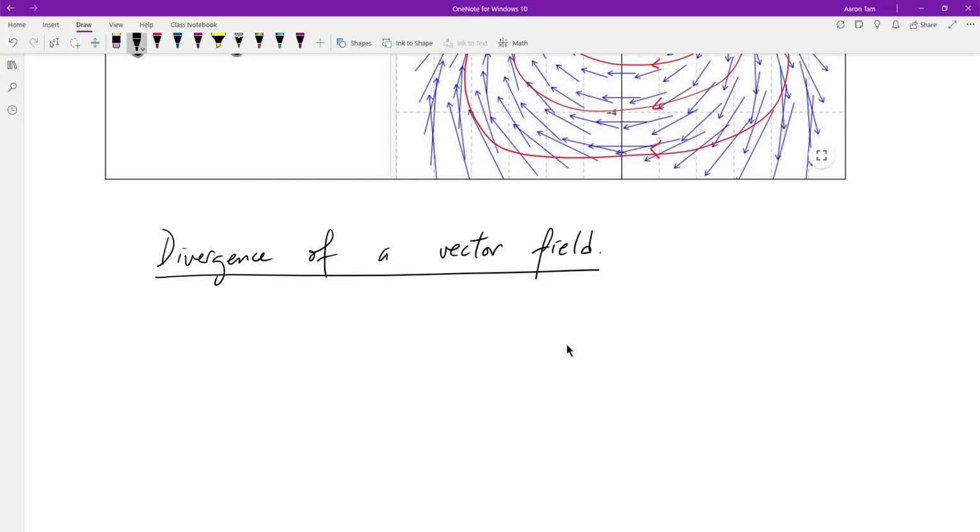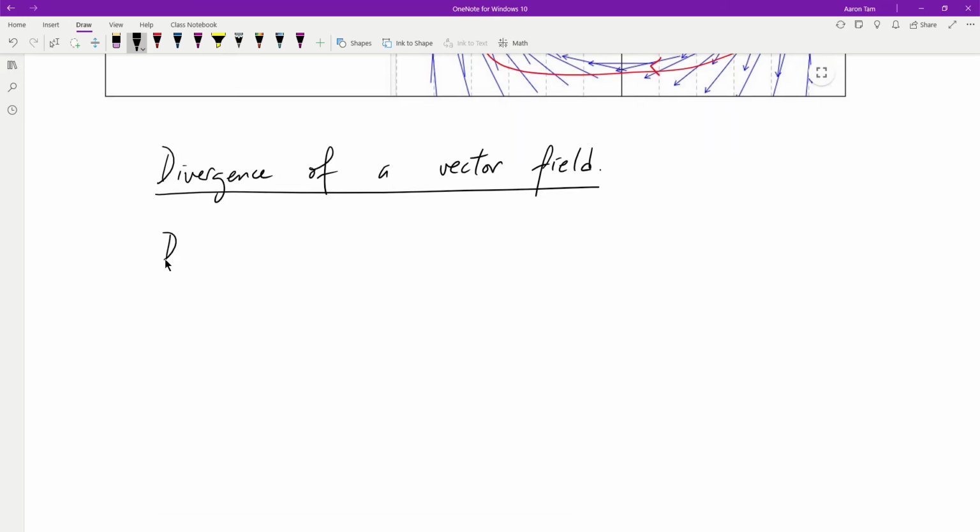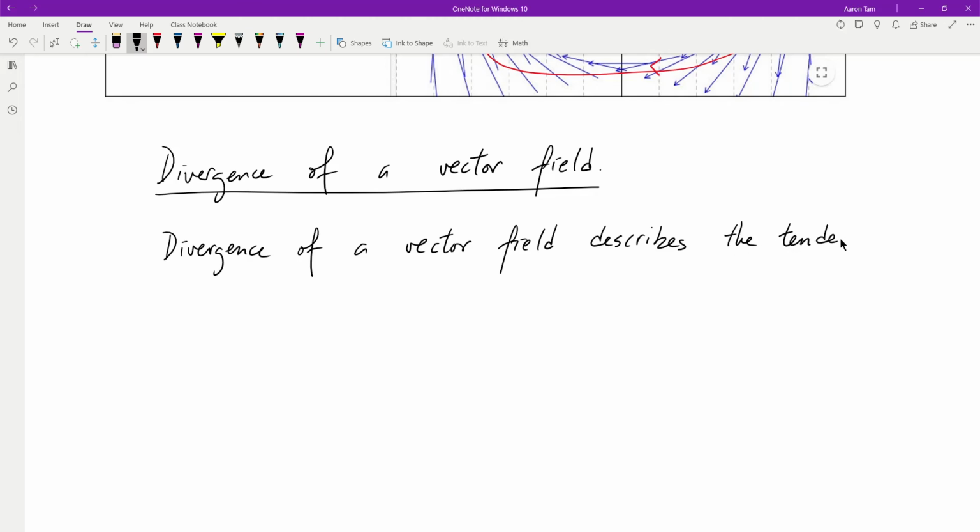So what does it mean by divergence of a vector field? A divergence of a vector field basically describes the following. Basically describes the tendency of a neighborhood around a single point to expand or contract based on the flow of the vector field.